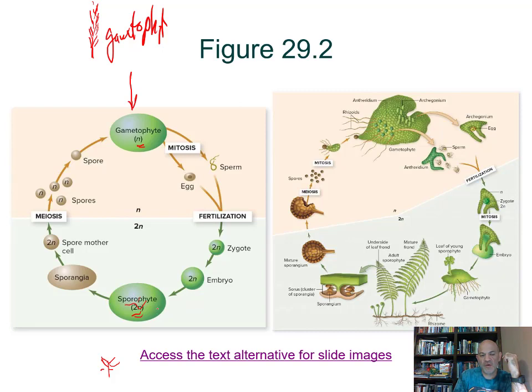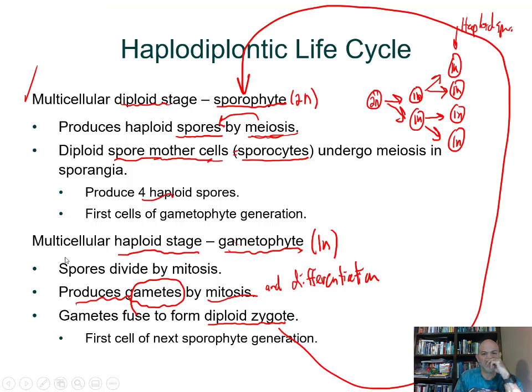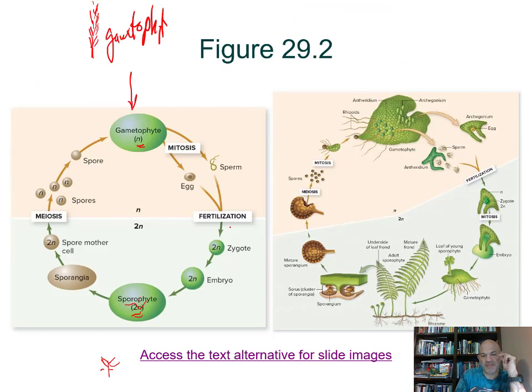Some special group of cells or an organ in the plant, this term is not on that prior slide, but they're called sporangia, and sporangium would end in IUM for singular. The sporangium is where the spores would be produced.